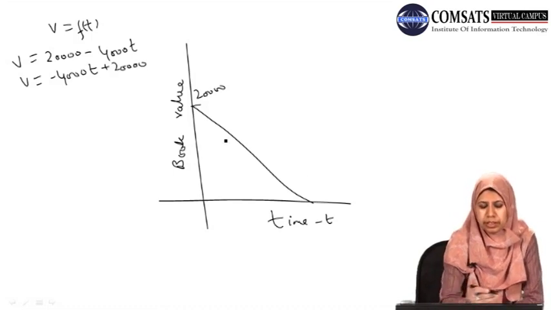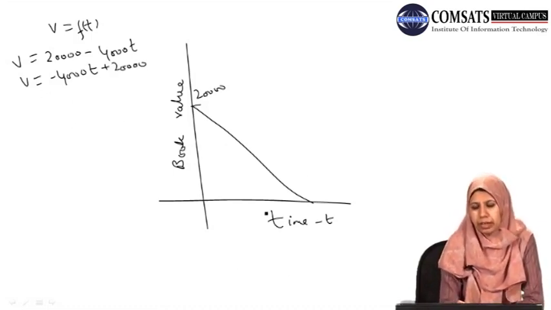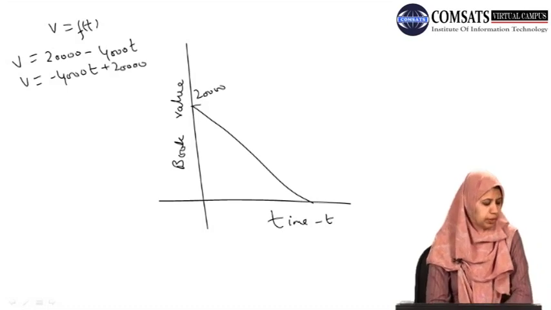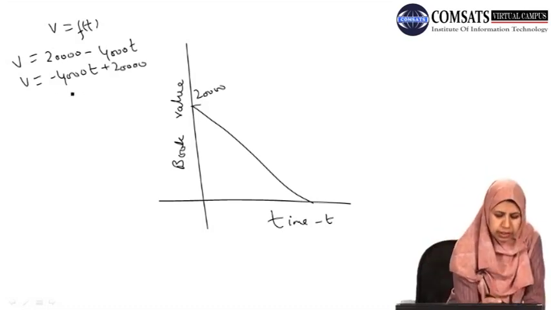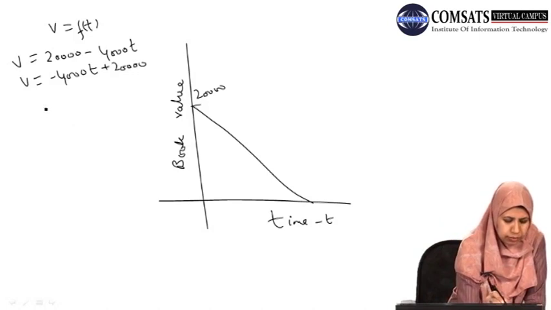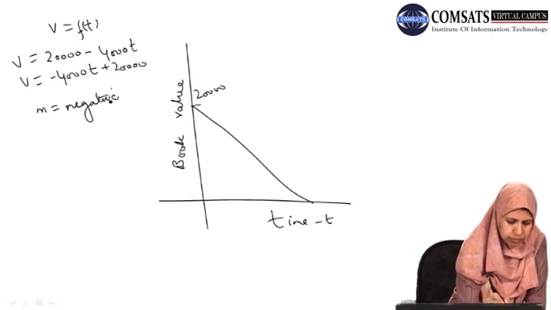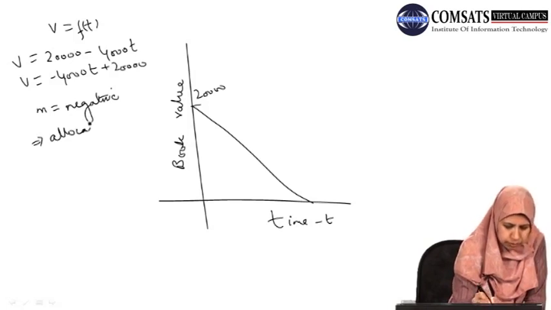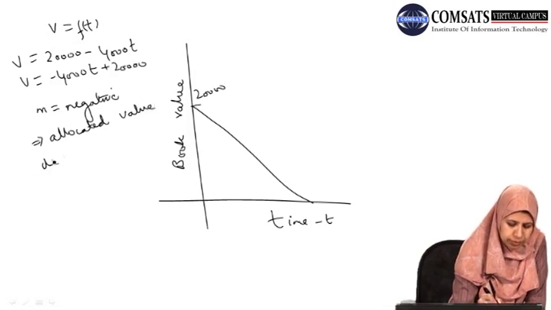Since the depreciation is negative, which is the slope here, the graph falls from left to right, and we can see that the slope is negative, which implies that the value decreases with the passage of time t.